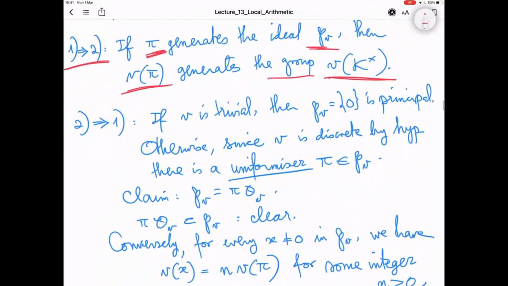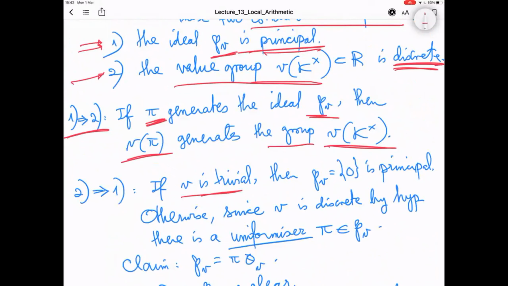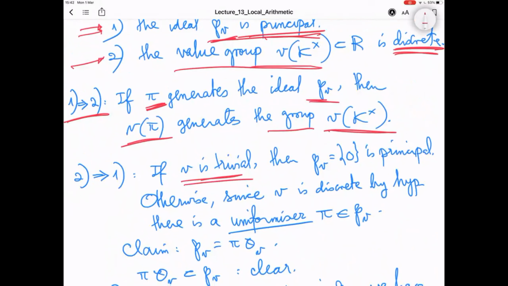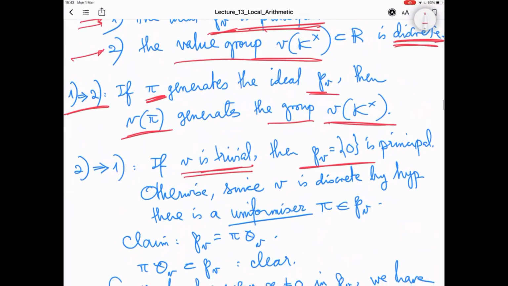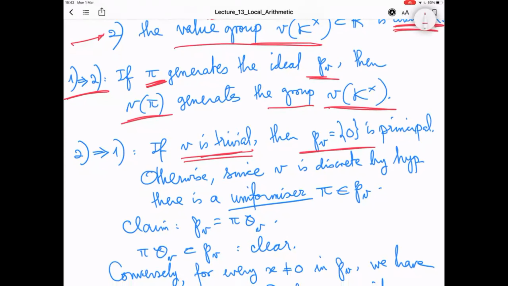What we have to show is that if the value group is a discrete subgroup, then the ideal is principal. Now, there's one case which is easy. If V is trivial, then of course the value group is the trivial subgroup, and P_V consists of just the zero element, because zero is the only element whose valuation is positive, because it's plus infinity. And therefore, this is just a principal ideal. There's no problem.